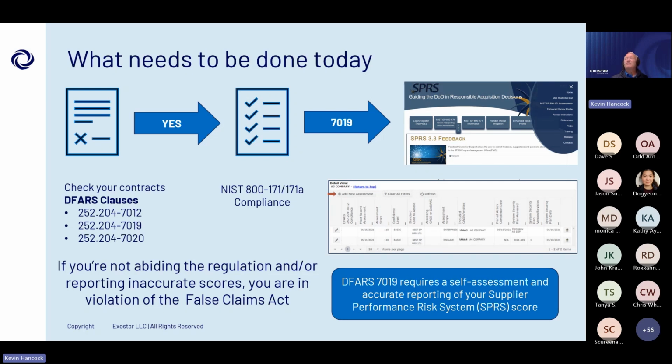That's the 7012 clause. And if you've got contracts with that 7019 clause, that clause requires you to do an annual self-assessment to score yourself, and it provides references to an assessment guide, that's the 171 Alpha that you see referenced here, that provides you a scoring system for each of the different controls.